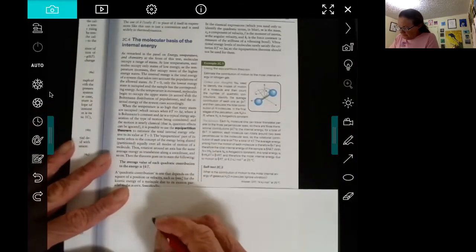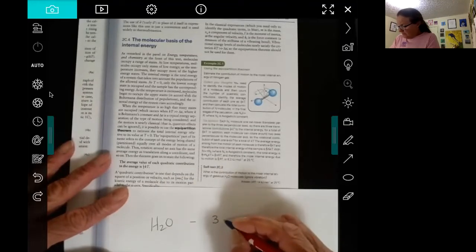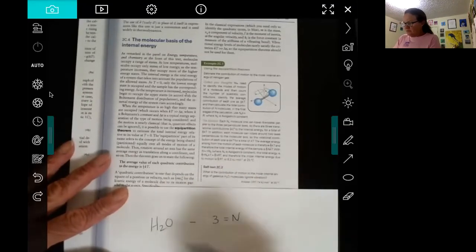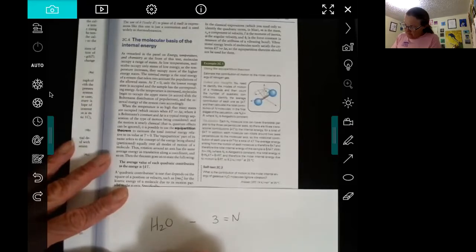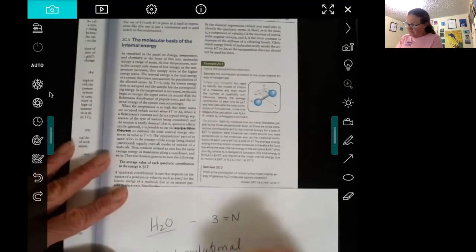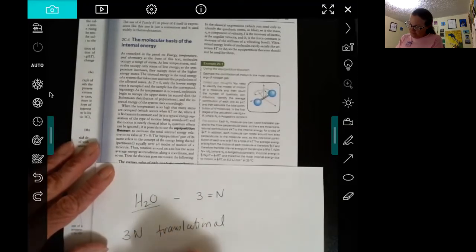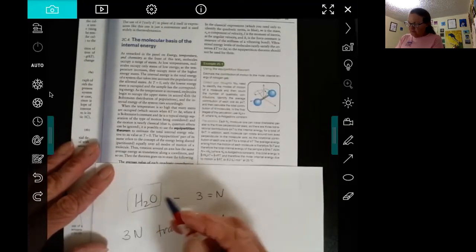So the water molecule has N equals 3. So we have 3 atoms. So how many vibrations and rotations do we have? So we have 3N translational contributions, because the water molecule itself can go in the X, Y, and Z directions, so can move in 3 different directions. And how many rotational modes do we have?